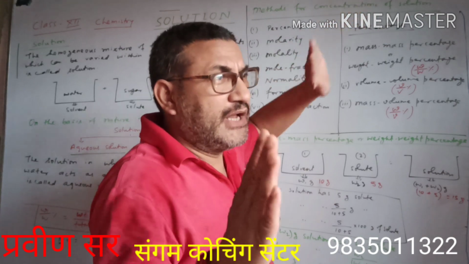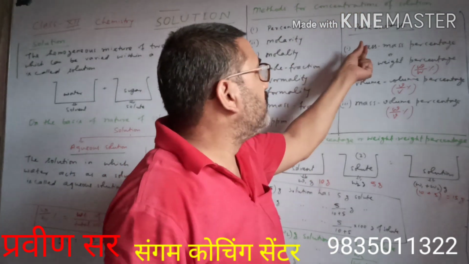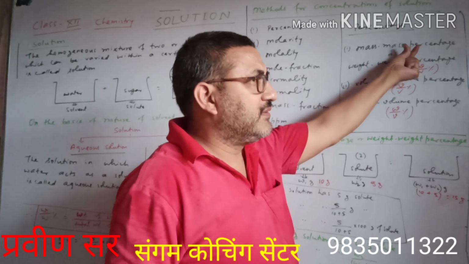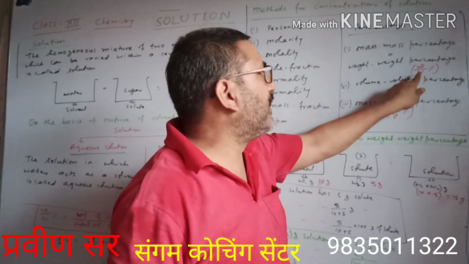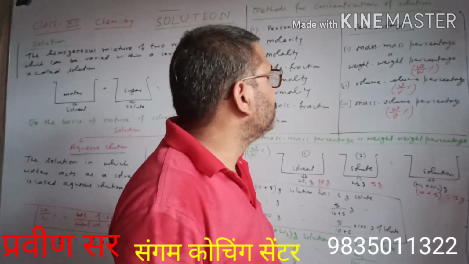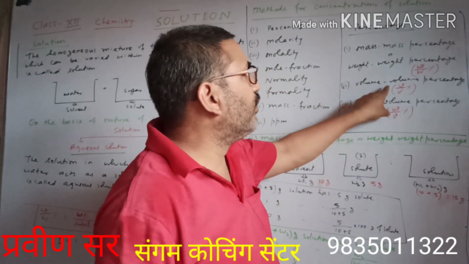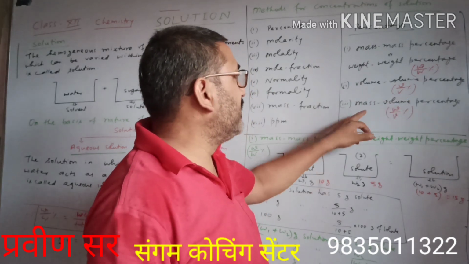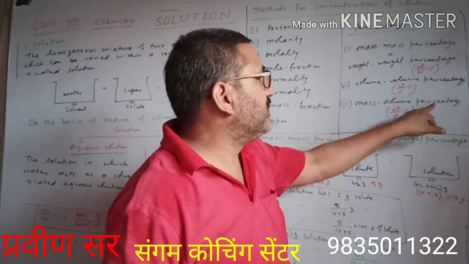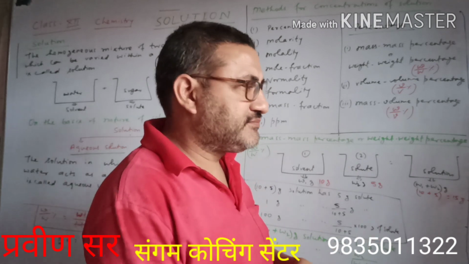Percentage is also of three types. One is called mass percentage, or weight percentage, denoted by W by W percent. Another is volume percentage, V by V percent. Last is mass by volume percentage, W by V percent.